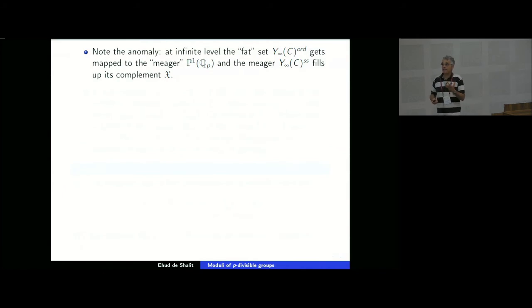However, the fat set of these ordinary points gets mapped via the pi_Hodge-Tate to the meager set, which is just P^1(Q_p), which is like a Cantor set, rigid analytically. On the other hand, the supersingular locus at the infinite level fills up the whole complement. So maybe you will talk about it today when you talk about the perfectoidness of this thing.